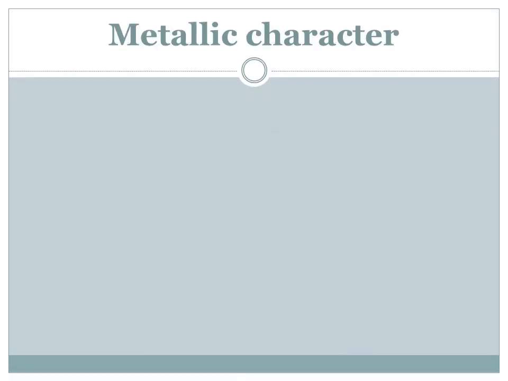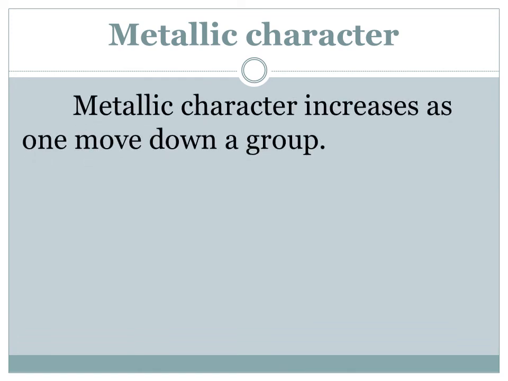Next property is metallic character. Metallic character increases as one moves down a group. This is because when we move down a group, the number of shells increases, thereby the atomic size increases.